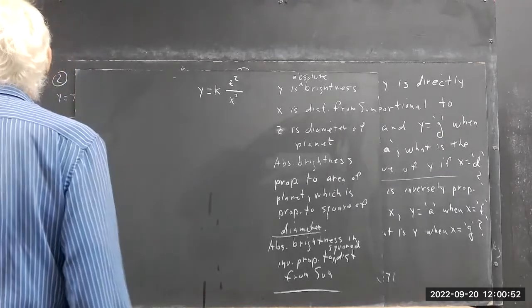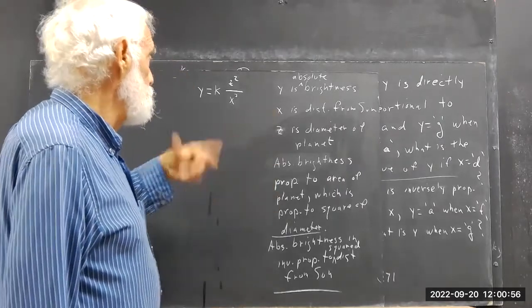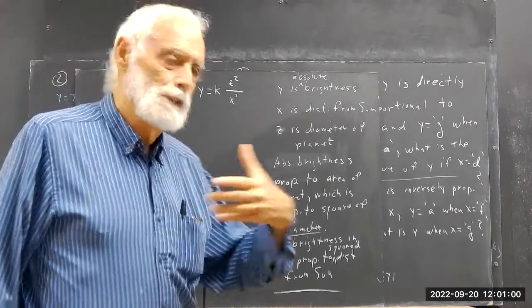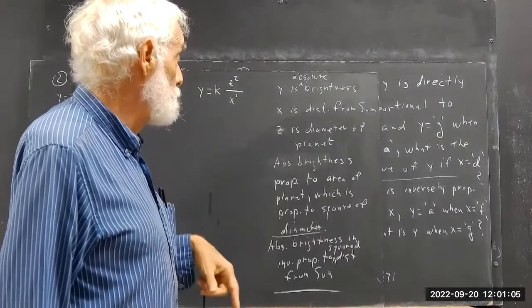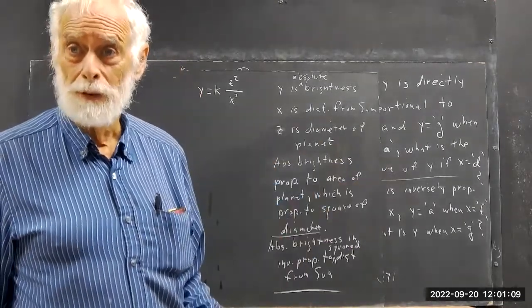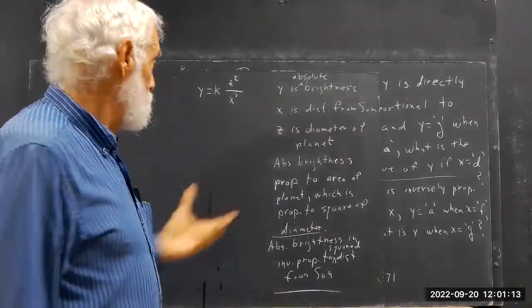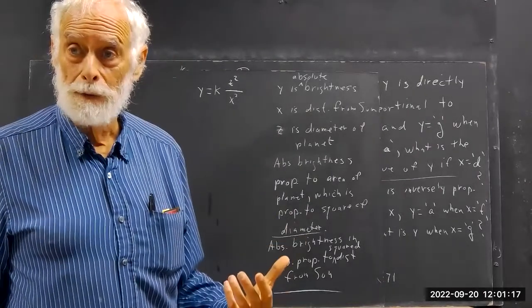Now I'm not going to finish this. I could give you the two distances. Well, actually, we're talking about brightness. Distance of Venus is about 0.7 astronomical units, and distance of Jupiter is about 7 astronomical units.